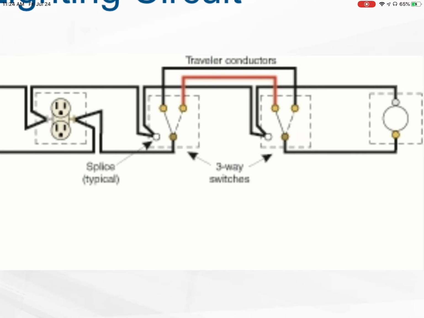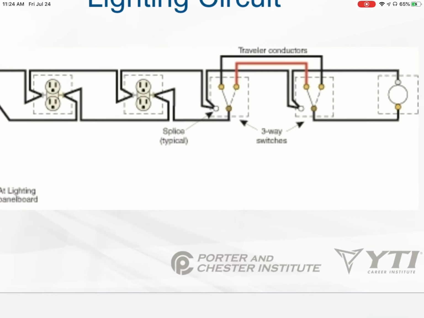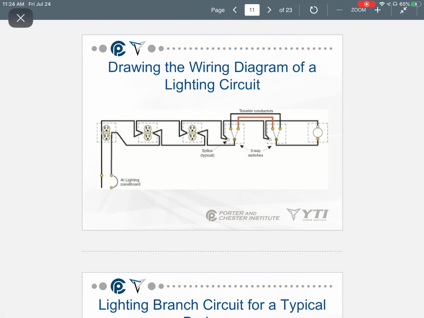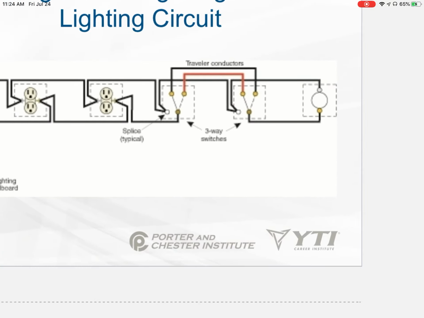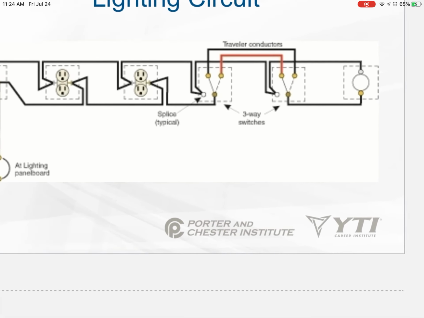Now, on the bottom here, guys, you see it has the arrows pointing to the 3-way switches. That's what we call our common connection. So on the left 3-way switch, we're coming into the common with power, right? And then if you go over to the other switch on the right side, from that common, see that's connecting right to the light fixture?